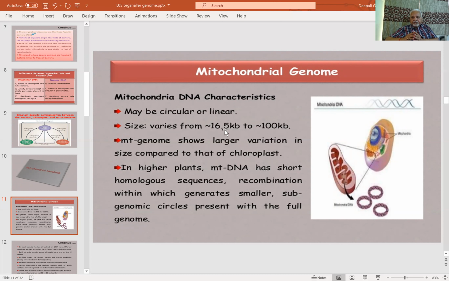And in higher plants, the mitochondrial DNA shows homologous sequences, and it shows recombination within themselves, which generates subgenomic circles with the full genome. So, in other words, plant mitochondrial DNA shows a lot more variation of this kind as compared to animal mitochondrial DNA.